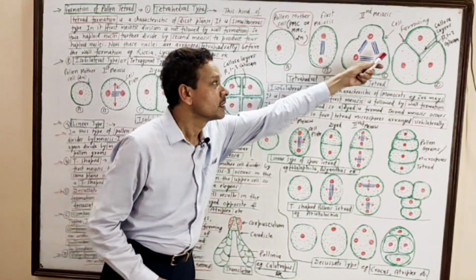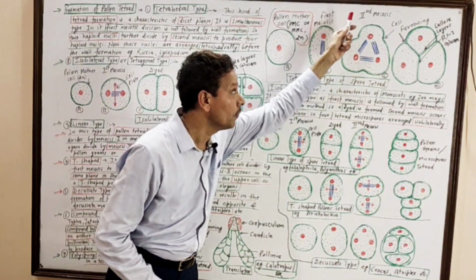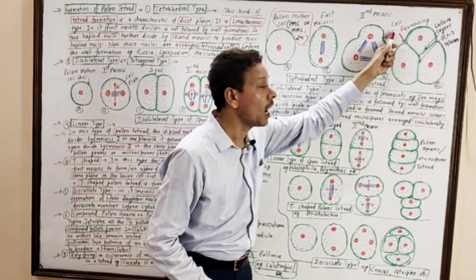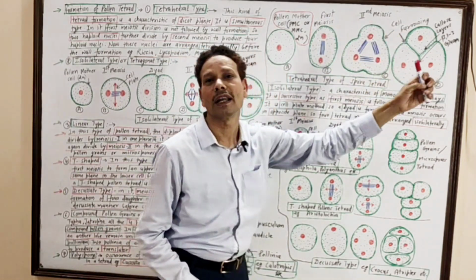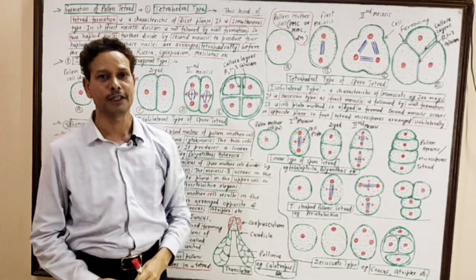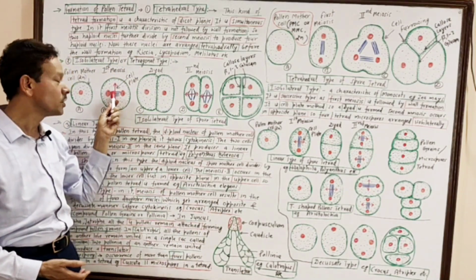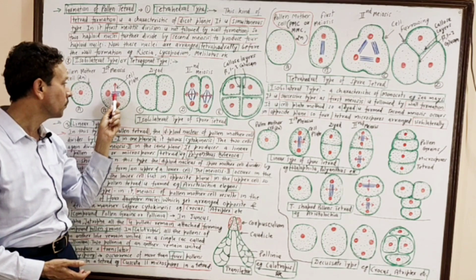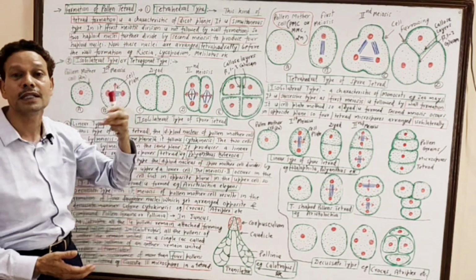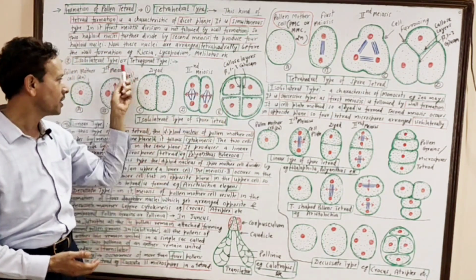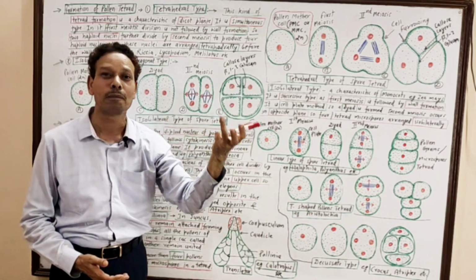Here, cell furrowing occurs. The cell furrow which appears in the outer region and grows inwardly, that is centripetal arrangement. But here, the cell plate which develops and grows from center to outward is centrifugal type. Dear students, it is a characteristic feature of monocots.